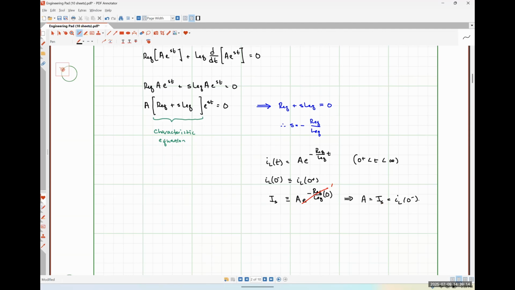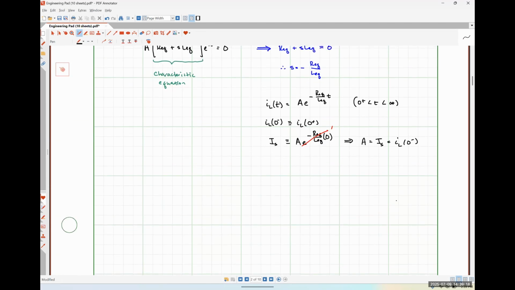So putting all of what we've done together here, let me just write a note. Putting all of this information together, IL as a function of time is going to look like a piecewise function.